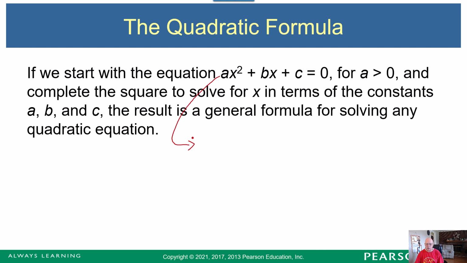Those are your 2 solutions for any quadratic equation. Now, if you want to, you could split this up, but usually people remember this one. You could say minus b over 2a plus or minus the square root of b squared minus 4ac over 2a. But frankly, I would keep with this one.